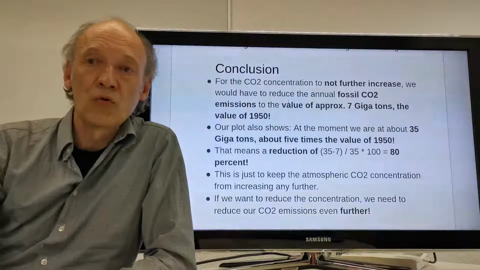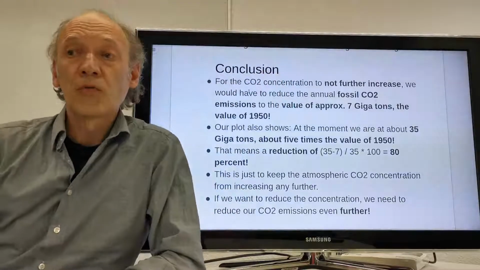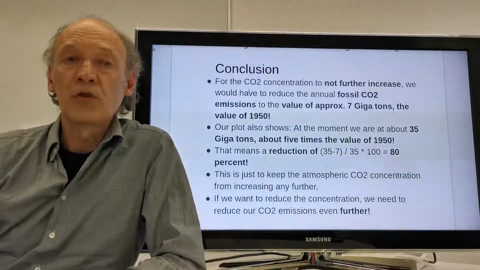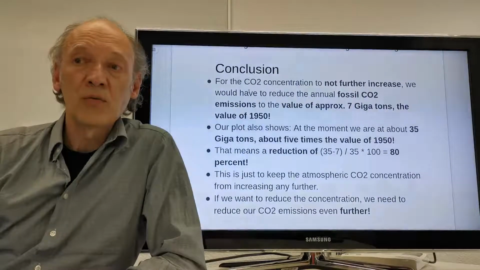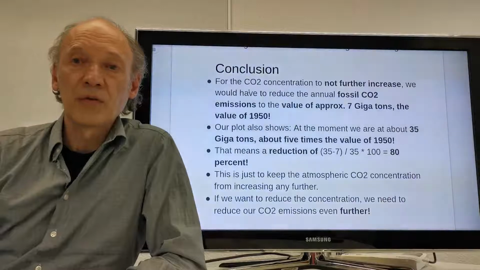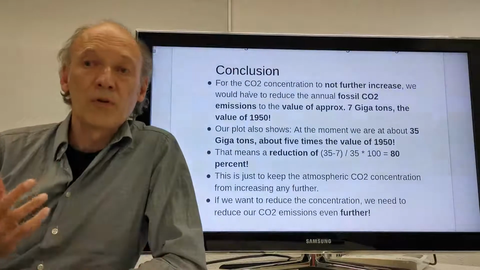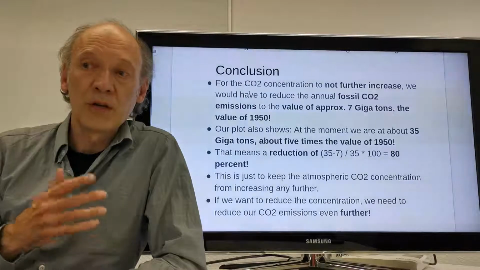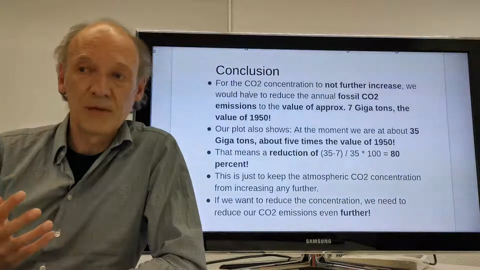So in conclusion, for the CO2 concentration to not further increase, we would have to reduce the annual fossil CO2 emissions to the value of approximately 7 gigatons, which is the value of 1950. But our plot also shows at the moment we are at about 35 gigatons, about 5 times that value.